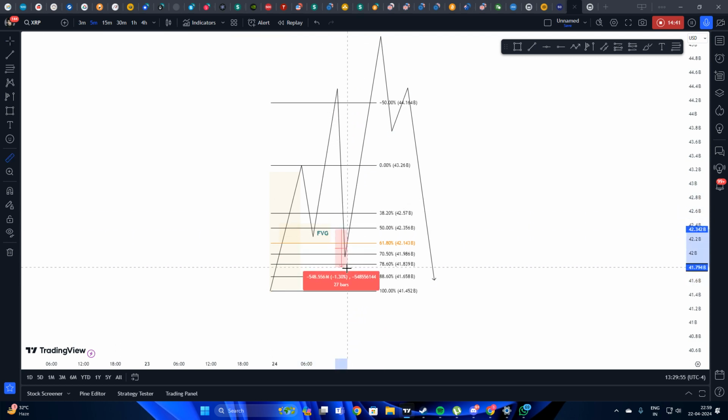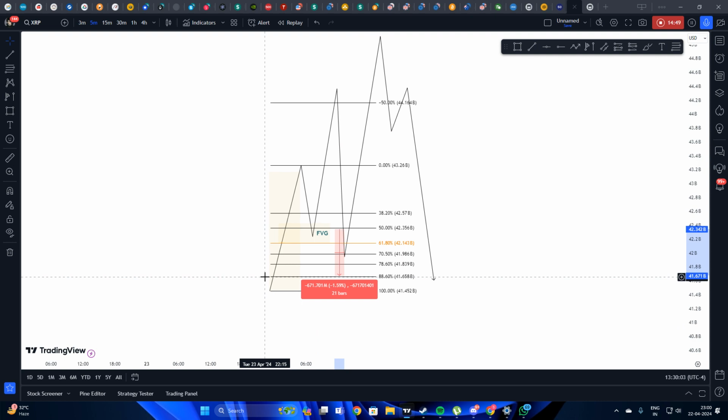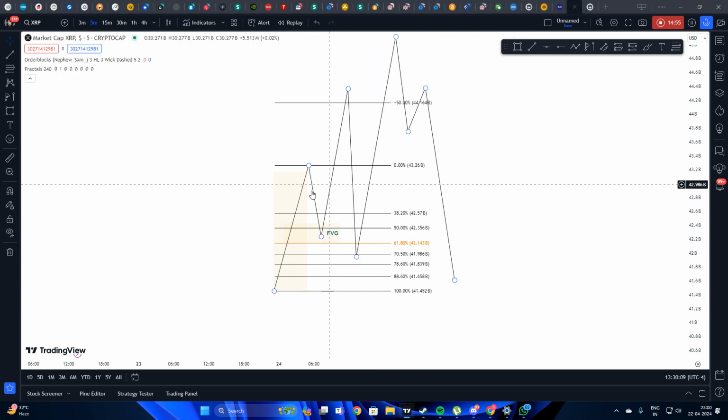From 50 to 88.6 is a zone that most of the forex markets and metal markets do retrace to. So we should always use FVGs and Fibonacci together.